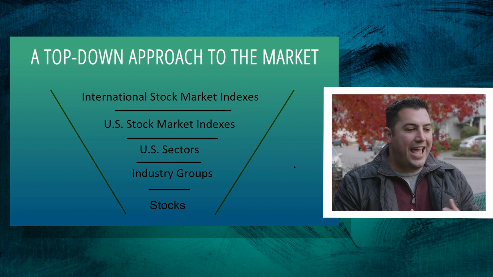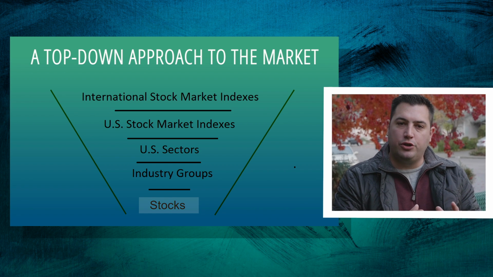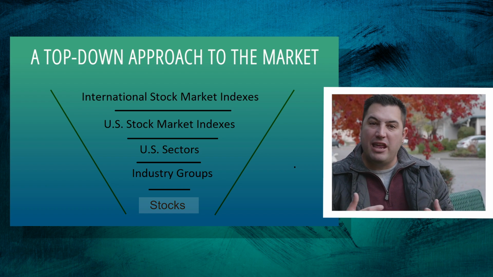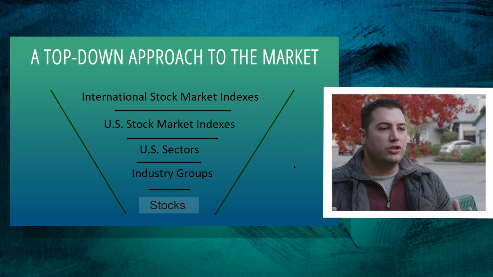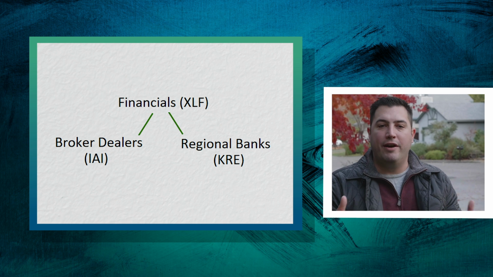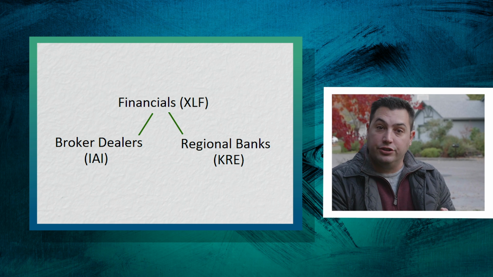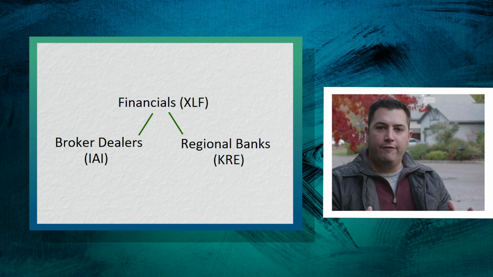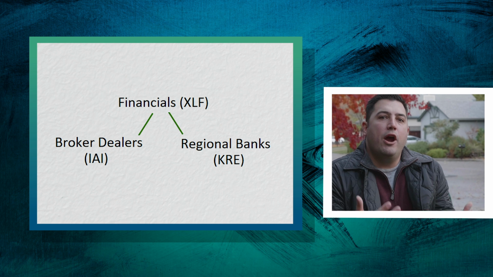Then once we've identified, hey, this is a sub-industry group within a sector that we like, in an asset class, stocks that we like, then we're going to look at the components, right? So if we're talking about financials, for example, and then for whatever reason we think it's the broker dealers, maybe not the regional banks, but specifically the broker dealers that look good. Fine, so we'll look at the BDs. Where within the BDs?